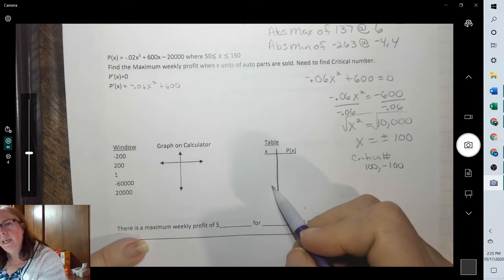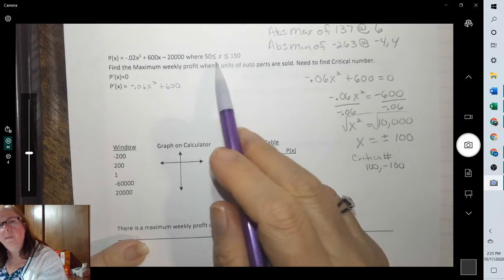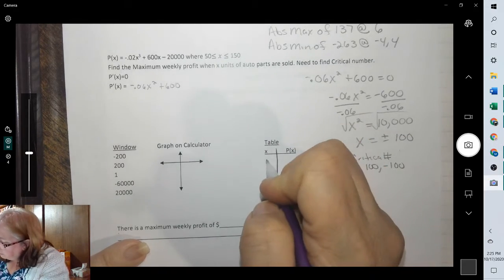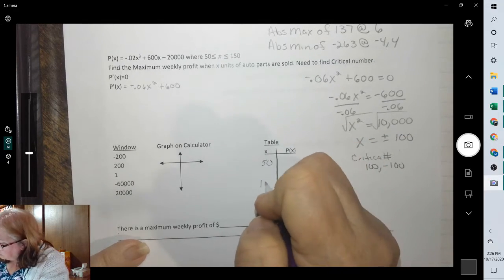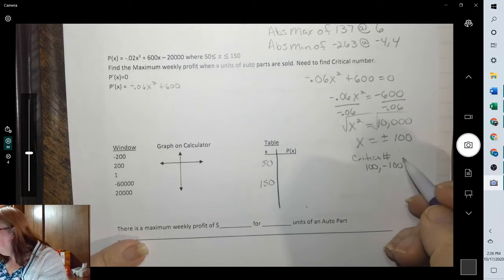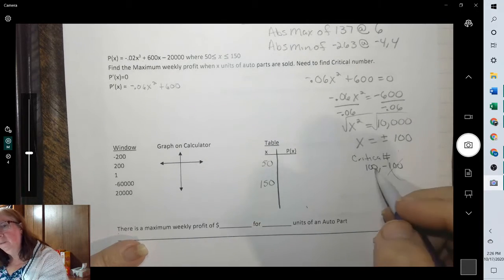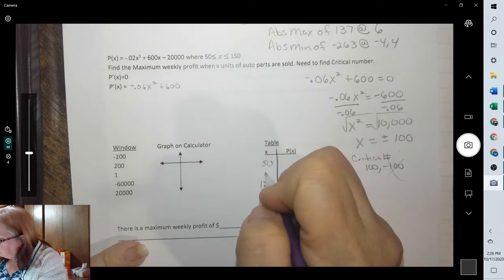So for our table, our endpoints are 50 and 150. Well, -100 isn't in that interval, so we only use the 100.